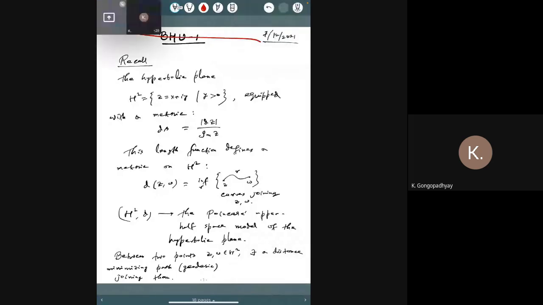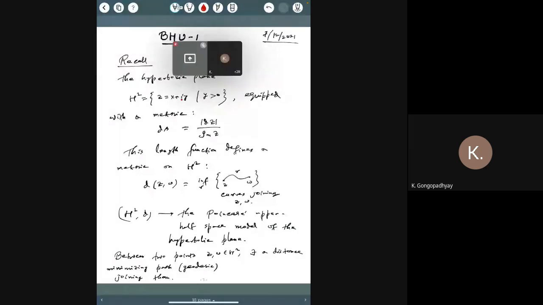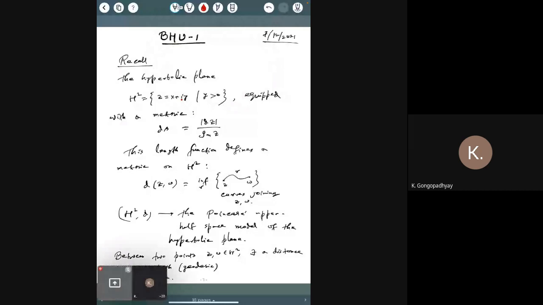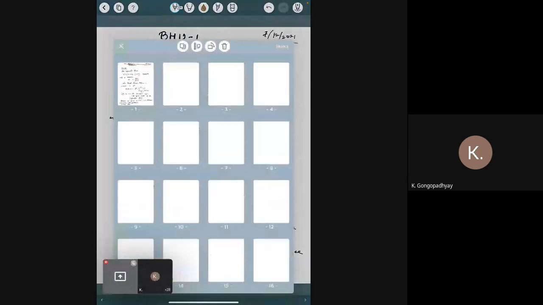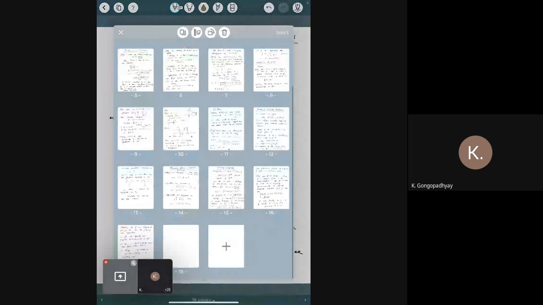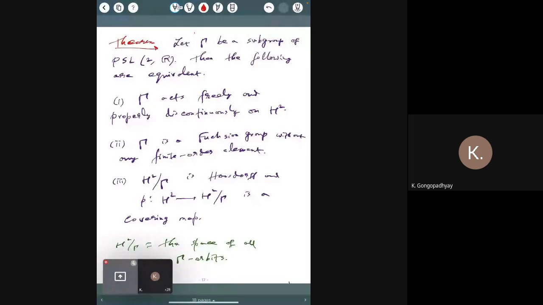So we started discussing hyperbolic plane geometry, and we have already learned about different models, and then I ended yesterday with this theorem that you take any discrete subgroup of PSL2R, then the discreteness is essentially equivalent to whether the group gamma acts properly discontinuously on the upper half space.